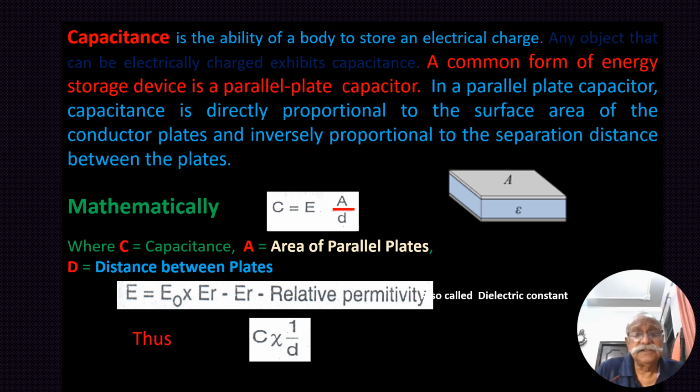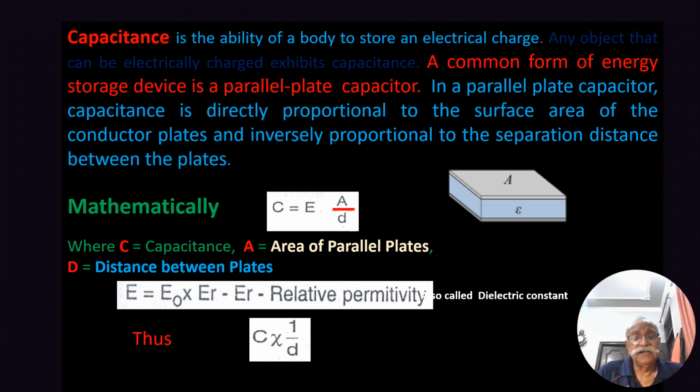The capacitor is the ability of a body to store an electrical charge, a common form of energy. The storage device is a parallel plate capacitor. In a parallel plate capacitor, capacitance is directly proportional to the surface area of the conductor plates and inversely proportional to the separation distance between the plates, which is mathematically C is proportional to εA by D, where C is the capacitance, A is the area of the parallel plates and D is the distance.